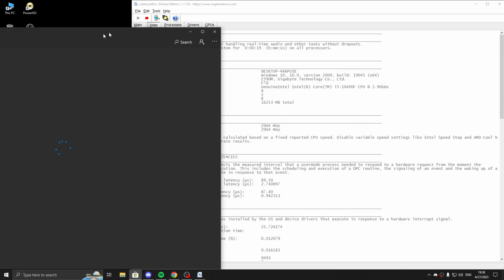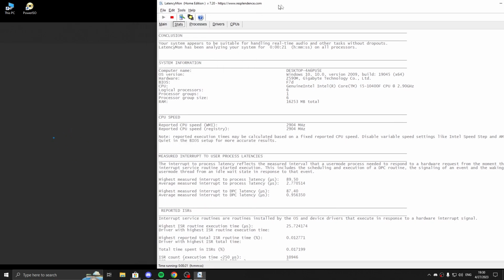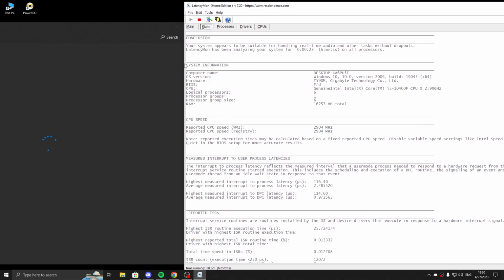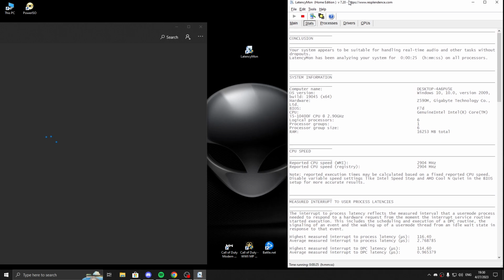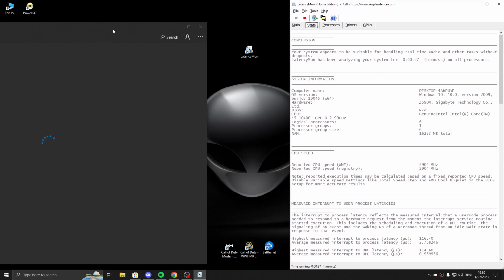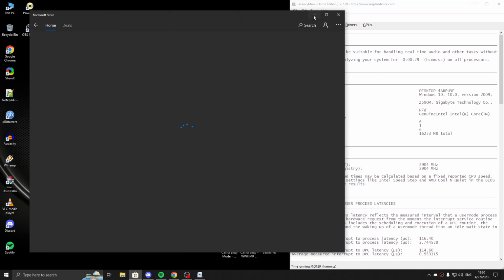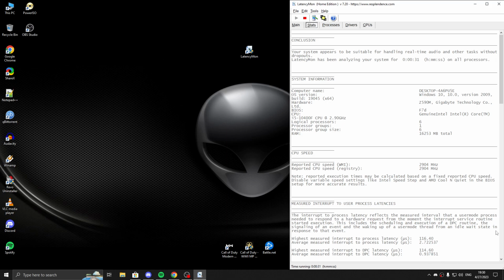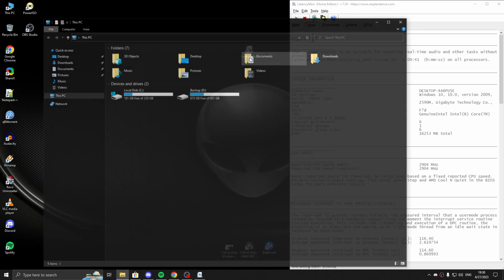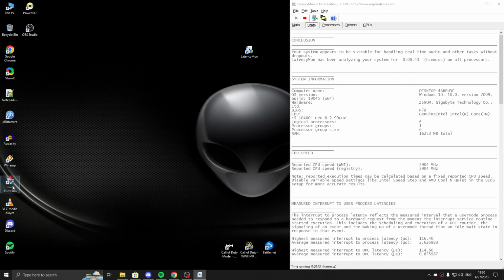You see the latency is not nice. The latency is really strange. Basically, as you see, the average process latency and the average DPC latency have a small improvement when I'm opening all these tools.